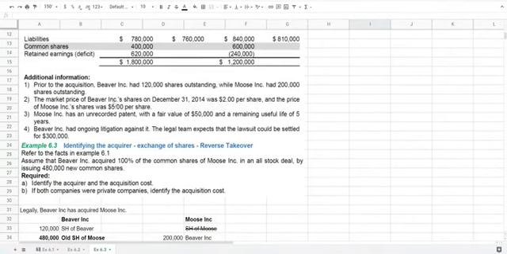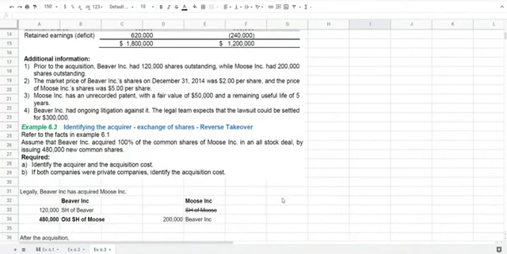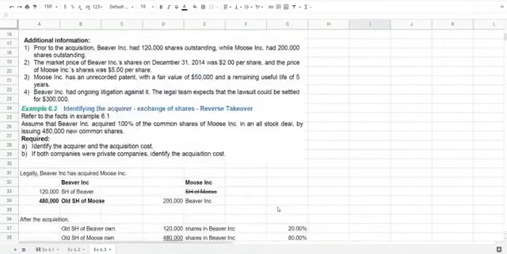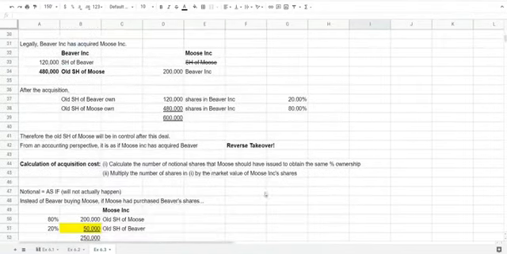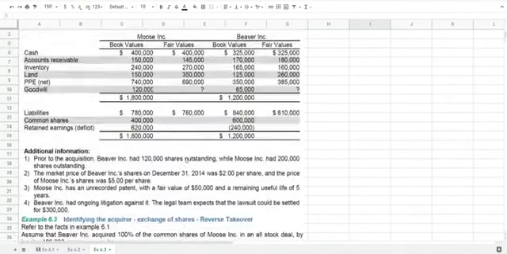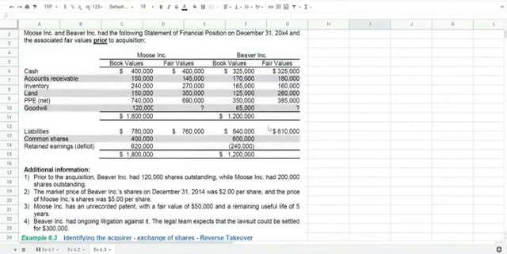If the market price information is not available because the companies are private, then the acquisition cost will be equal to, so who's the acquirer again? It's still the reverse takeover. Moose Inc. is the acquirer. So for the acquiree, Beaver, these are Beaver's fair values: fair values of all identifiable assets and liabilities. So net assets.